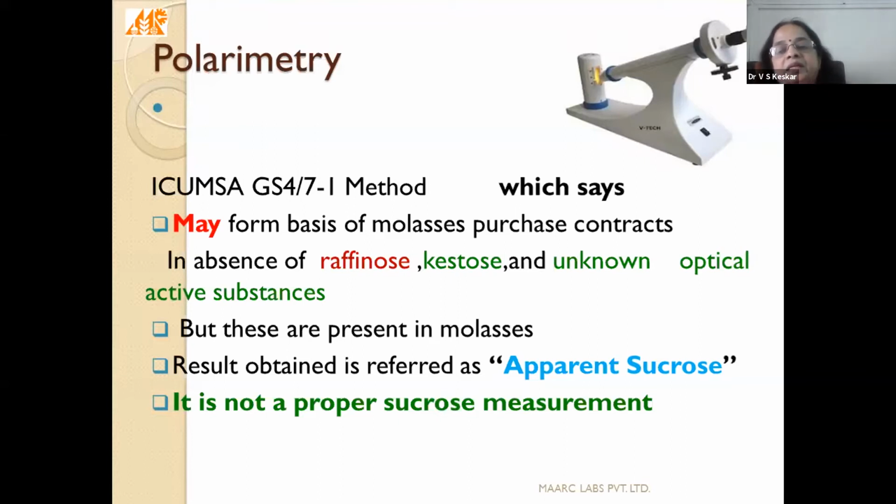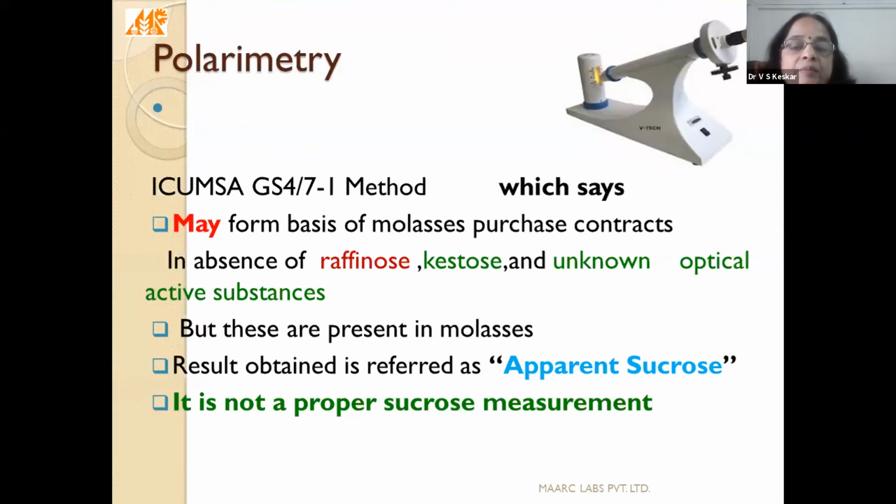And the method itself says it may form the basis of molasses purchase contracts in the absence of raffinose, kestose, and unknown optically active substances. There is a condition when this may form the basis of molasses purchase contracts.